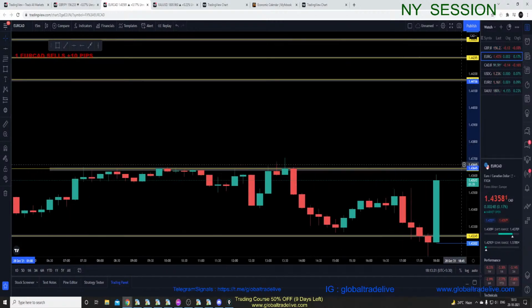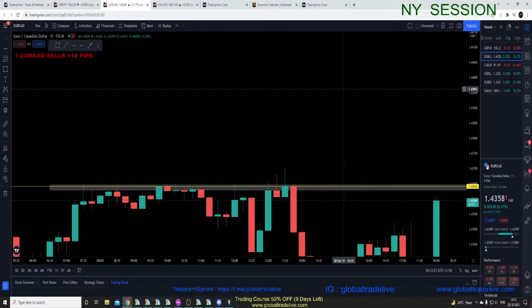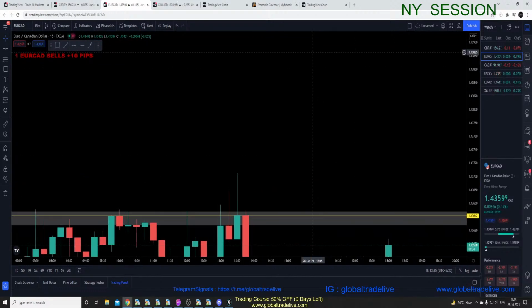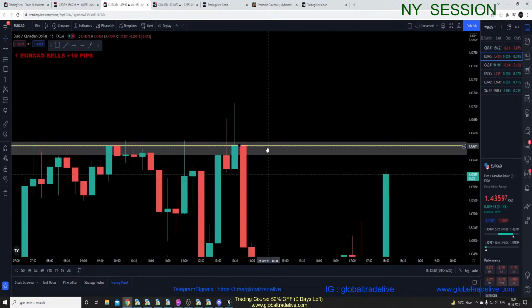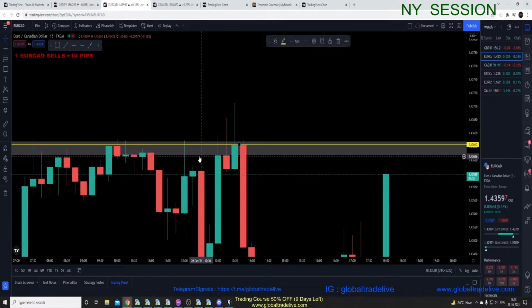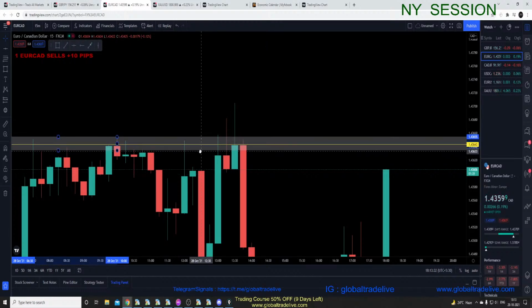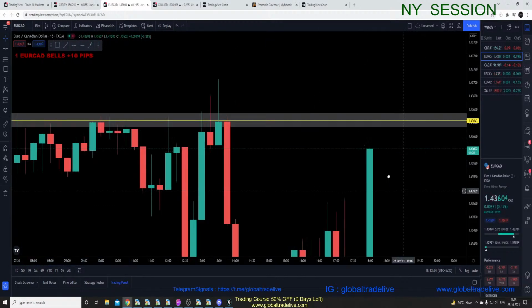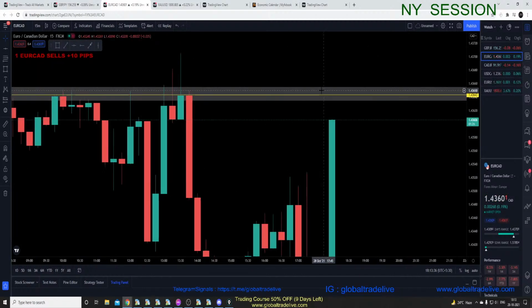So what else can we expect over here? I'm gonna shift these lines according to 15 minutes. Let's see if this candle closes above that area or not.